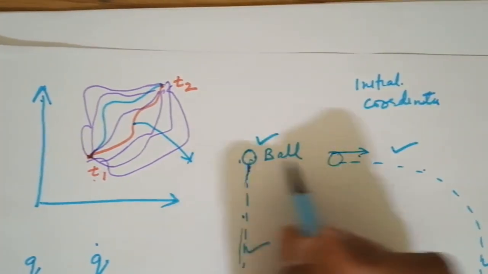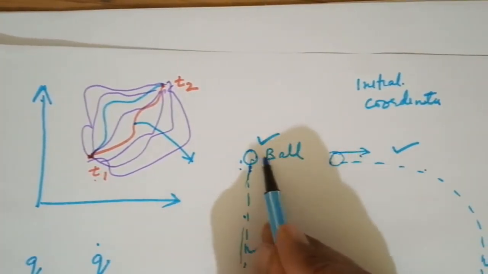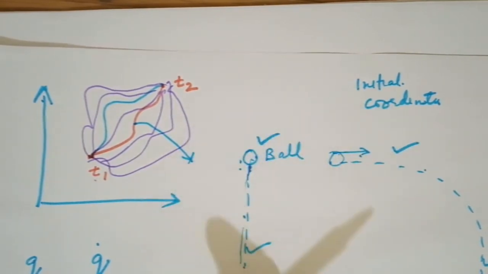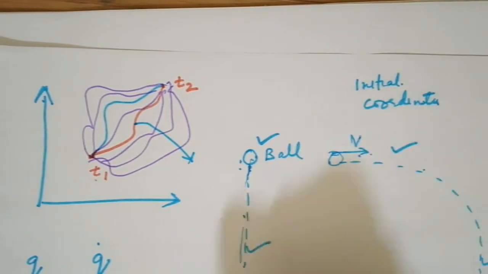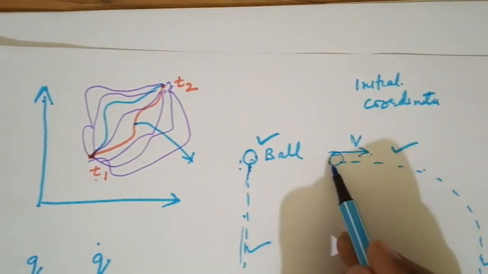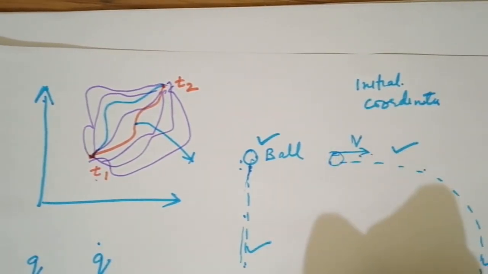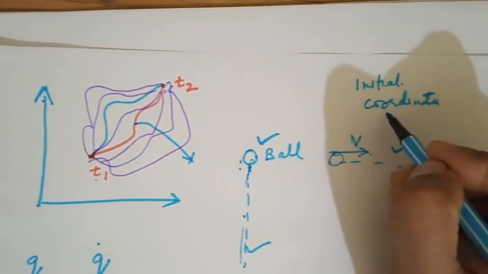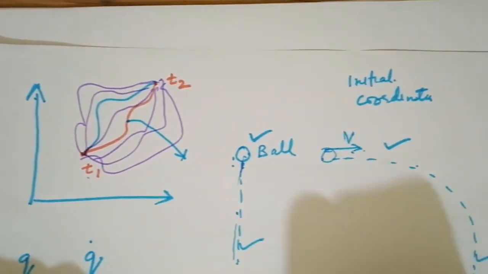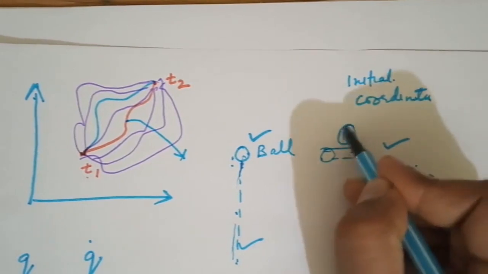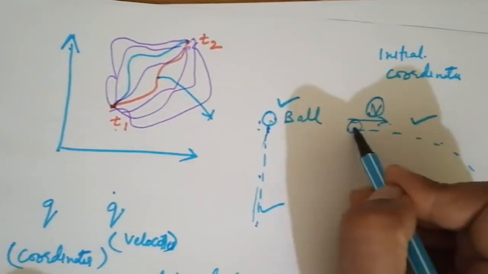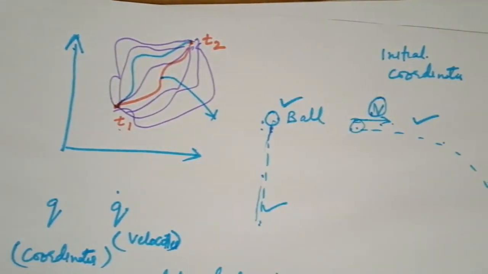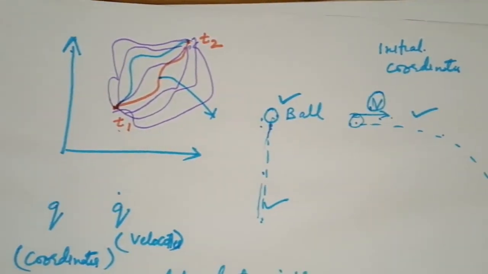Say we have the same initial coordinates and we throw the ball once freely and the other with some velocity v. In both the cases, I get a different trajectory. So I have at my disposal to choose what velocity I choose. So velocity and the location, they are independent coordinates, and this should be always kept in mind.